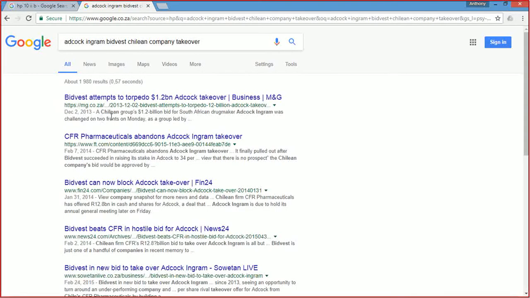Was it 2013? There: CFR Pharmaceuticals abandons Adcock Ingram takeover. That came from the FT, I think Financial Times. And there, Fin24: Bidvest can now block Adcock takeover.